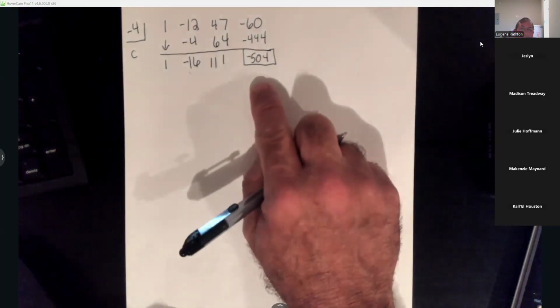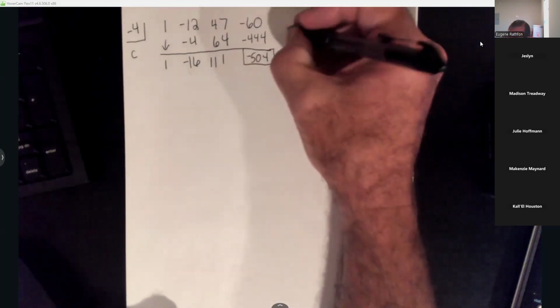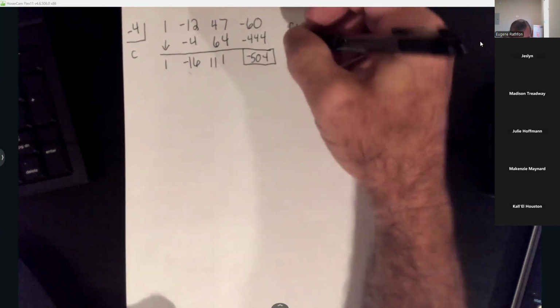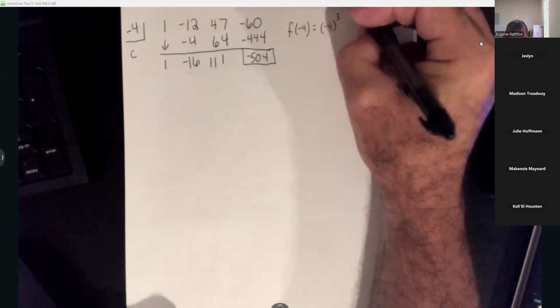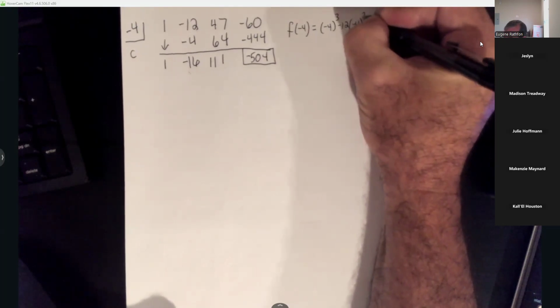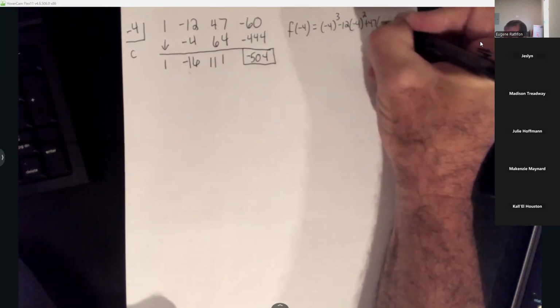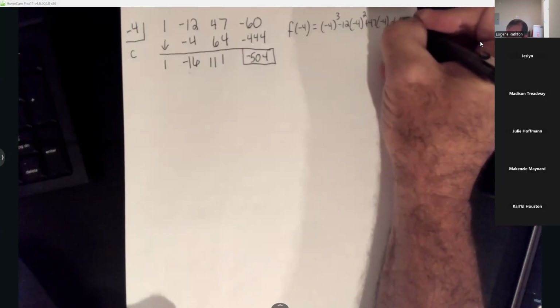All right, y'all, so let's check and see if this is correct, because we said this is equal to putting in the value. So watch this. Let's do f of negative 4 and see what we get. So that would be negative 4 cubed minus 12 times negative 4 squared plus 47 times negative 4 minus 60.